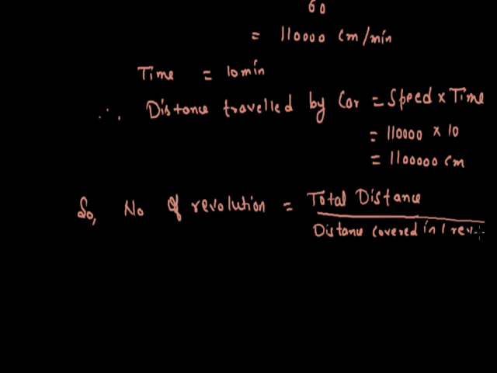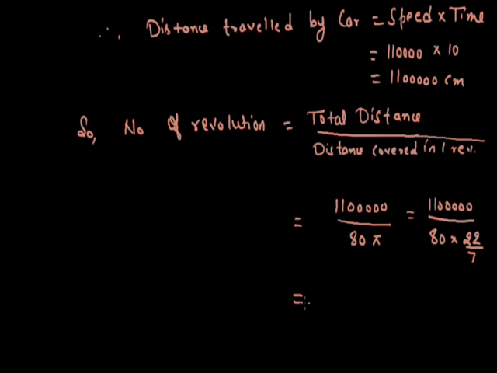So this will be equal to 11400 upon the distance covered in one revolution, which is 80 pi. So by taking pi as 22 by 7 and solving it, we will get the number of revolutions equal to 4375. So this is the complete revolutions taken by the car in traveling the total distance.